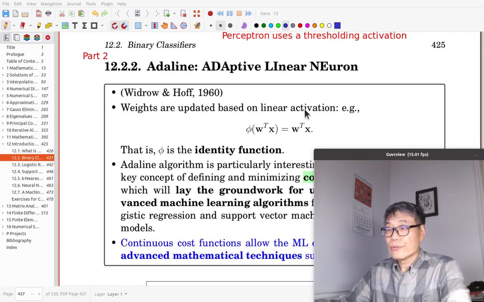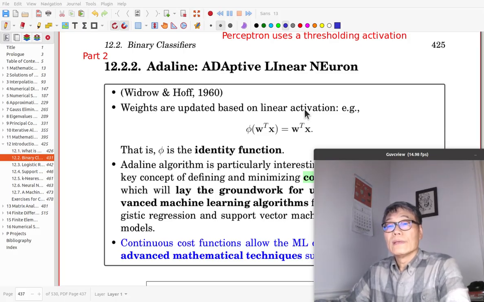It is part 2 of section 12.2. In the first part, we considered the very first machine learning classifier called the perceptron. The perceptron uses thresholding activation. In the second part, we'll study Adaline, the adaptive linear neuron.